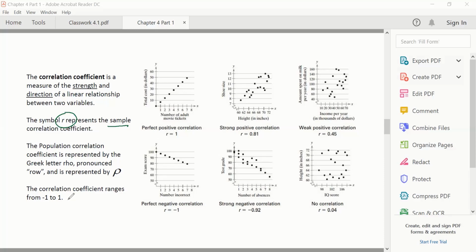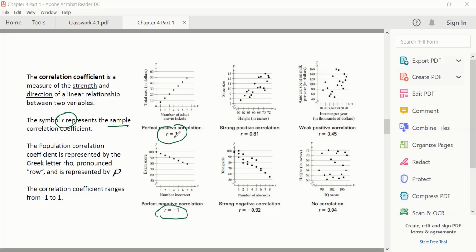Our correlation coefficient is going to range anywhere from -1 to 1. A perfect positive correlation, which doesn't really happen with real data, but to give you a picture of the best it could possibly be, is a perfect line going uphill. And that would be R is equal to 1. The perfect negative would be a perfect line going downhill, and it would be R equals -1.